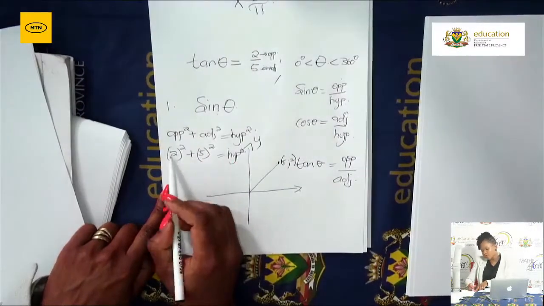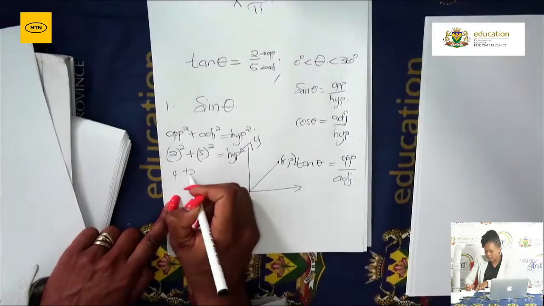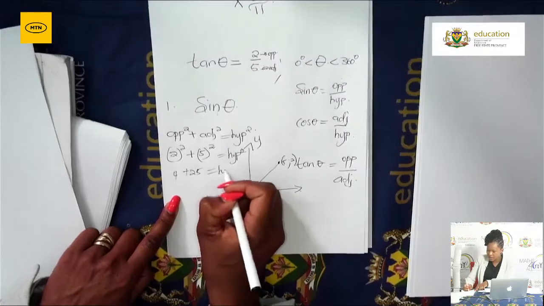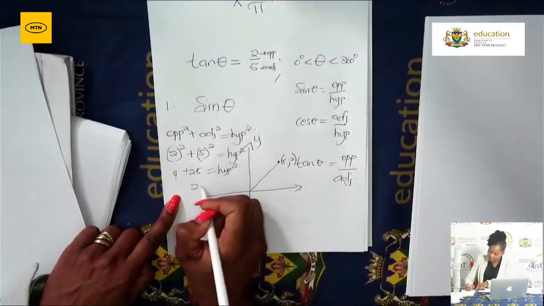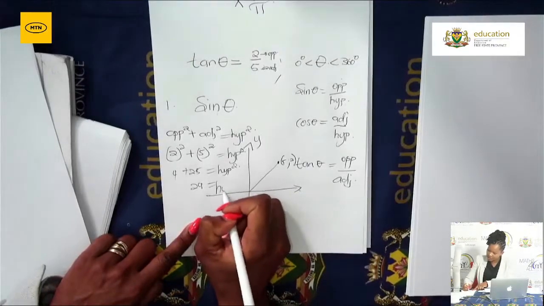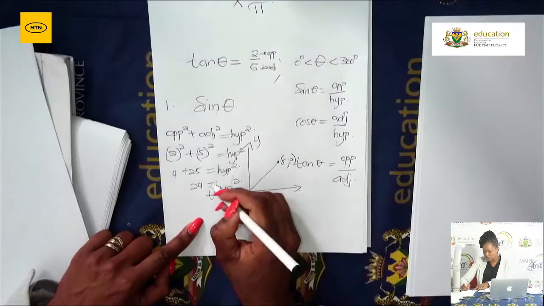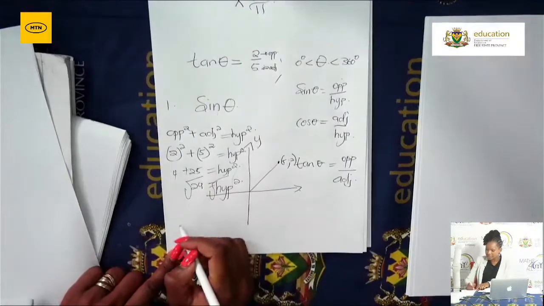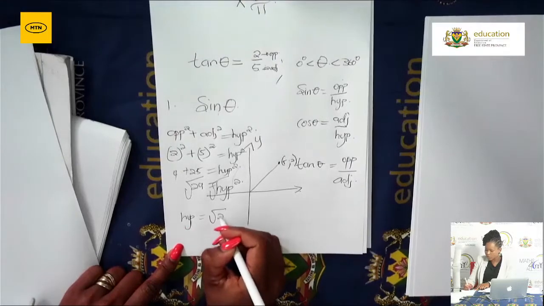As you solve, 2 squared is 4, 5 squared is 25. Hyp squared, so 4 plus 25 is 29. Then you have hyp squared. To get rid of a square, you introduce the square root sign. Then it will mean that your hypotenuse is square root of 29.